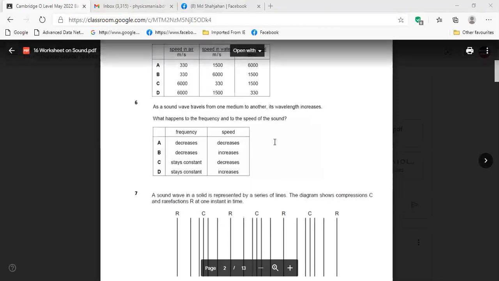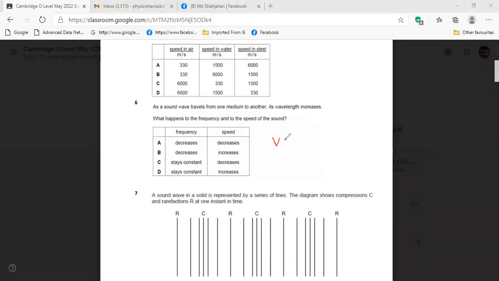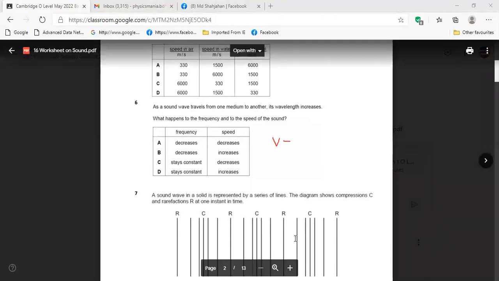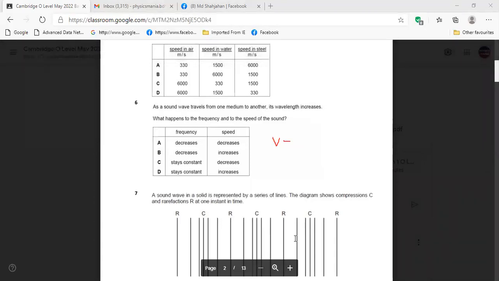I'm writing the formula. We have V equals F lambda. You also write, please. Have you taken the printout? If you did not take the printout, at least write.